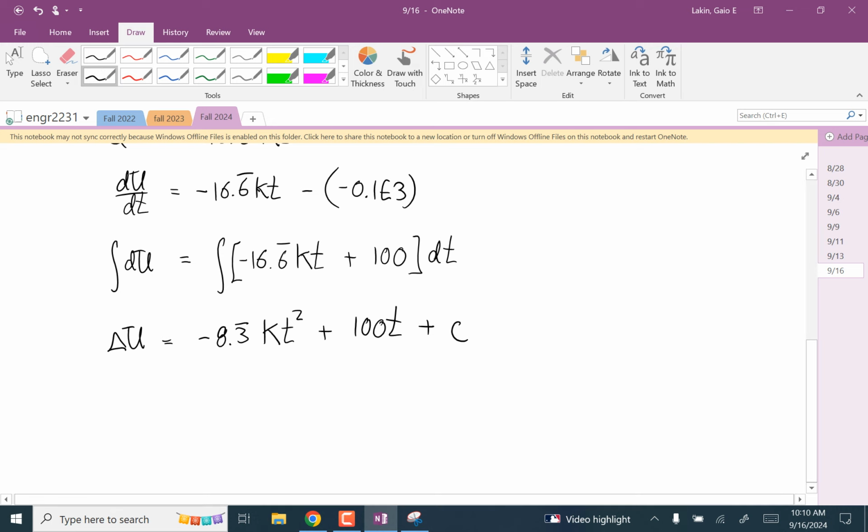So let's see, think of we're doing this from instant 1 to instant 2.